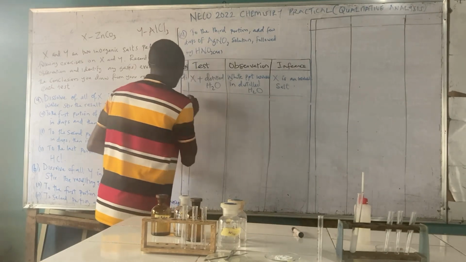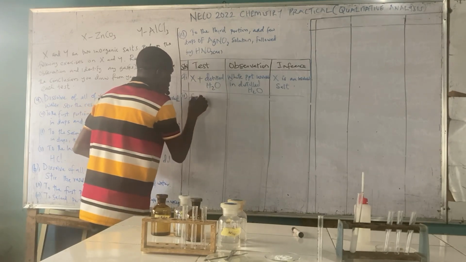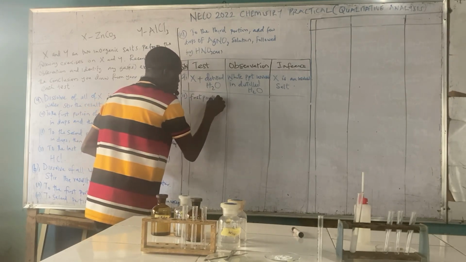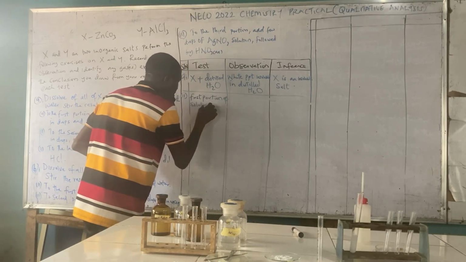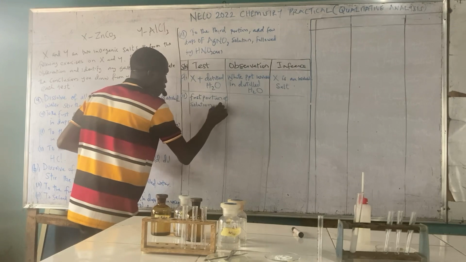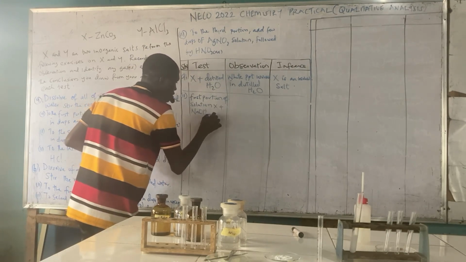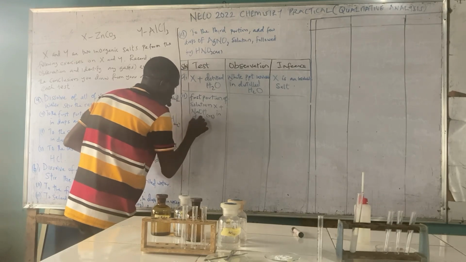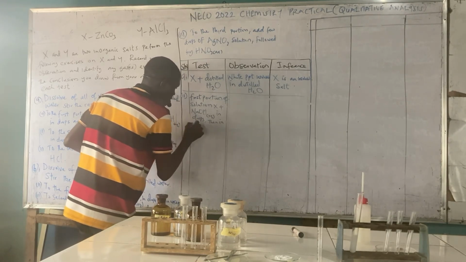So we have, to the first portion, that's number 2: first portion of solution X plus sodium hydroxide in drops, comma, then in excess.